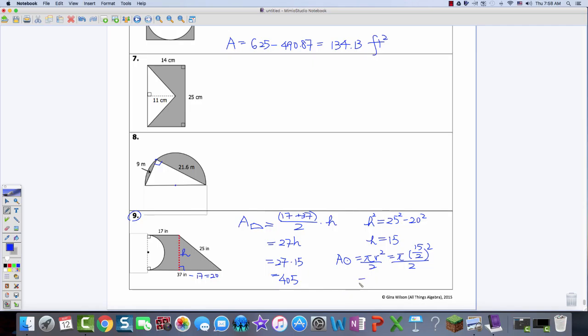So if I do my calculator work, it comes out to be 88.36. Finally, you add the two answers together, you should have 316.64 square inches. All right, so that's how we handle composite figures. Take your time, do not rush through these things. Take care, guys.